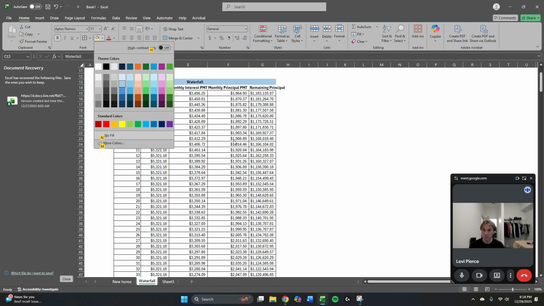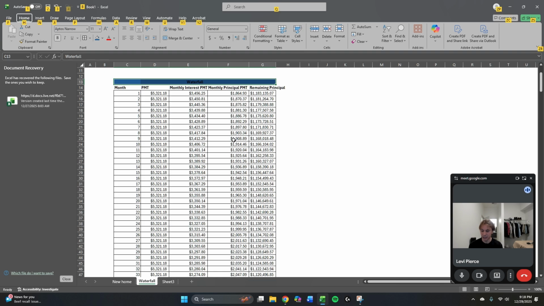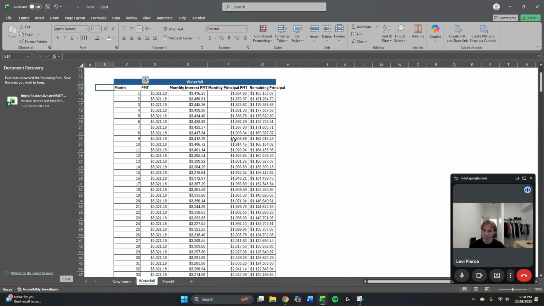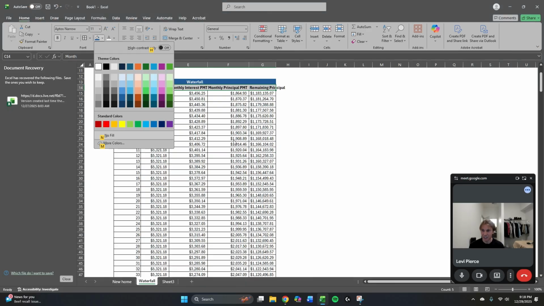What color blue? Do you like light blue? I like a light blue, like an ocean blue. Now we'll go with, I can make it a little bit darker, and then we could make the font color white. That looks pretty good. We could do gray here or something like that. We do a darker gray.